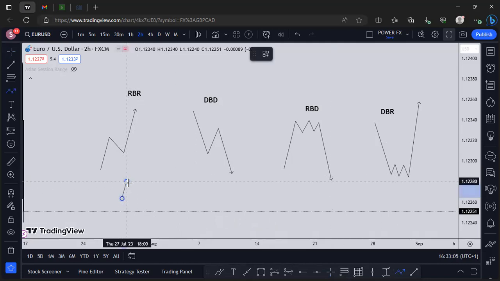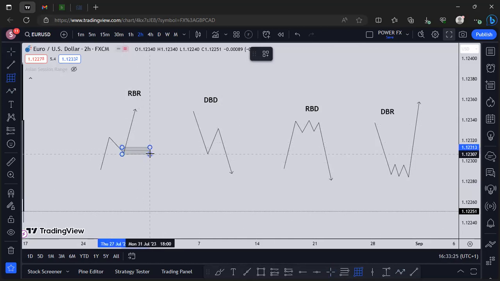All of these higher lows, the base, that's what we always look out for when marking out our supply and demand.